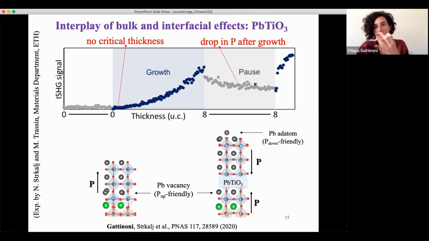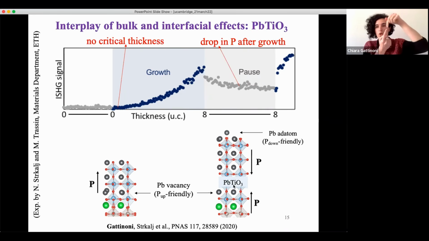And so it has to be something that occurs at the surface. And the most simple explanation, and that turned out to be true from further experiments, was that these vacancies that are needed to stabilize this polarization at 1, 2 unit cells, they need somewhere to go. And they go on the surface and they stabilize on the surface after they start growing. And they turn the polarization down.